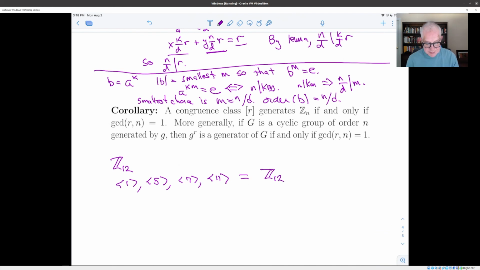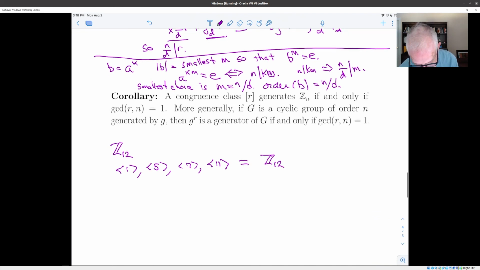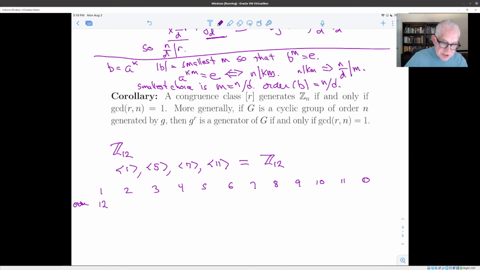So these are all equal to Z12. And if we make a complete table, then here are the numbers: 1, 2, 3, 4, 5, 6, 7, 8, 9, 10, 11, 0. And what is the order? Well, 1 has order 12. 0, we don't talk about the order of the identity. I mean, the order of the identity element is 1 because if you raise it to the first power, you get the identity element.